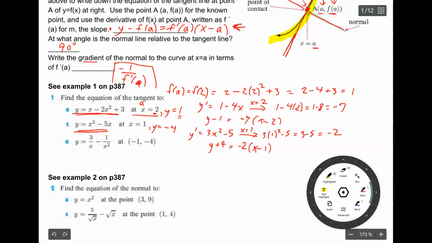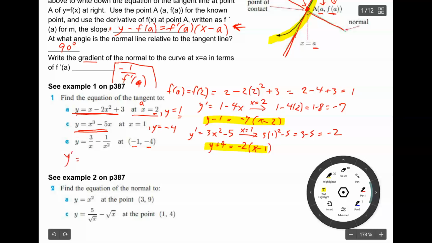Okay, so that is our next equation of a line. And now finally, let's do E. This time it gives us the x value and the y value, so we don't need to find the y value anymore. We do need to find the derivative function to find out what the slope is of the tangent line.